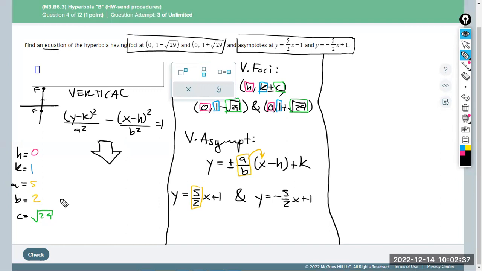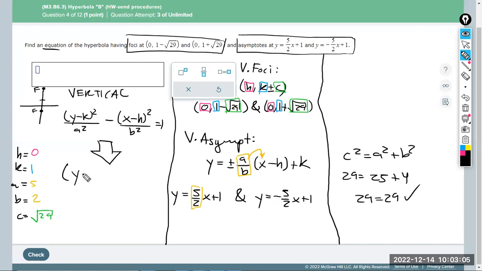And of course, you can also do the check for c. c squared is supposed to be a squared plus b squared. If we substitute, the square root of 29 squared is 29, a squared is 25, and b squared is 4. And of course, 29 is the same as 29. So yes, it checks.